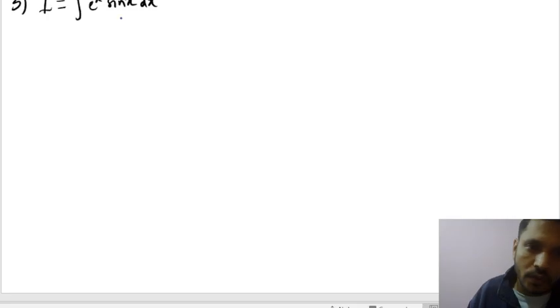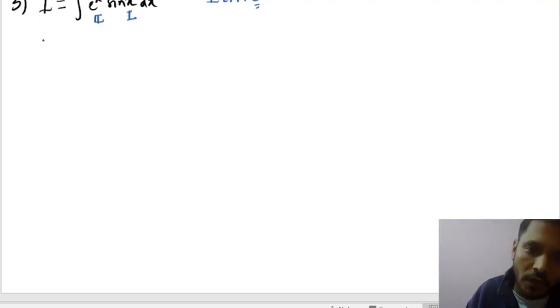Here again the Euler rule, which decides the first and second functions. The exponential function is always last, and before that sine is coming, so sine is our first function and e to the power x is the second function.